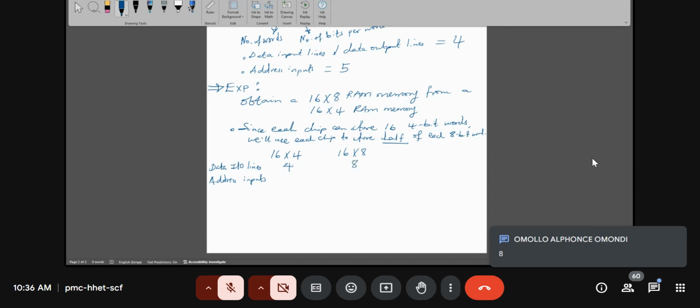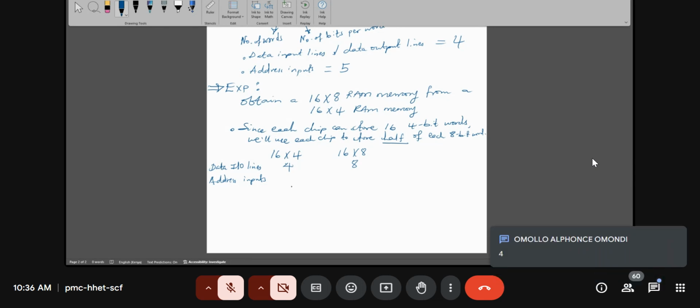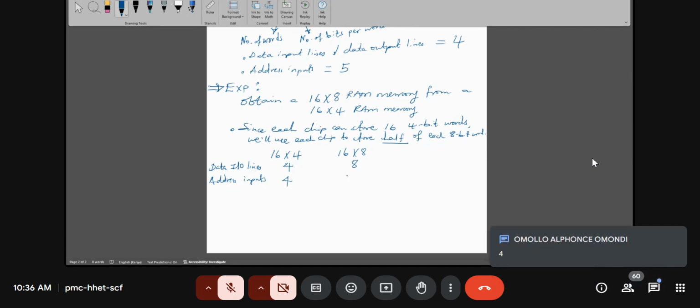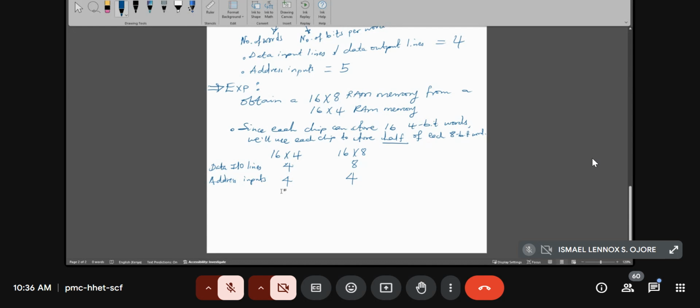Then we come to the address inputs. How many do we need for a 16 by 4? 4. And for a 16 by 8, how many input lines? Still 4. And the hope is that everyone is following how we are obtaining this.